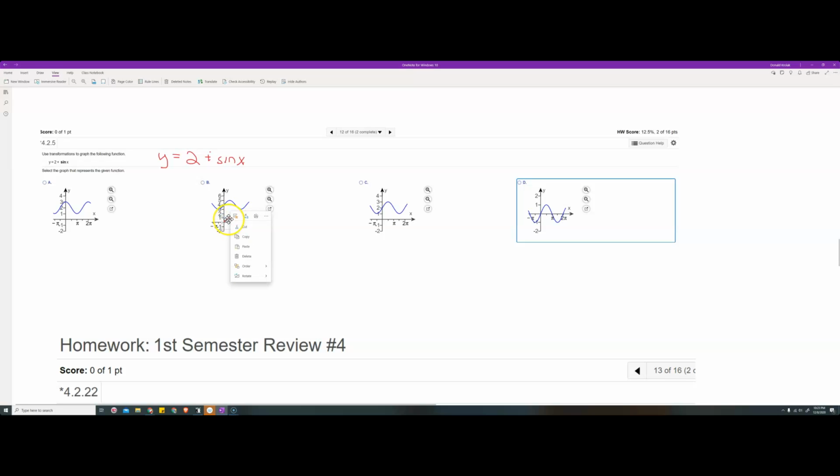So if I took that graph there and slide it 1, 2, that's what it's going to look like. Okay, and that matches this one right here. So I'm taking that graph, 1, 2, and there's my solution. It slid 2 up.